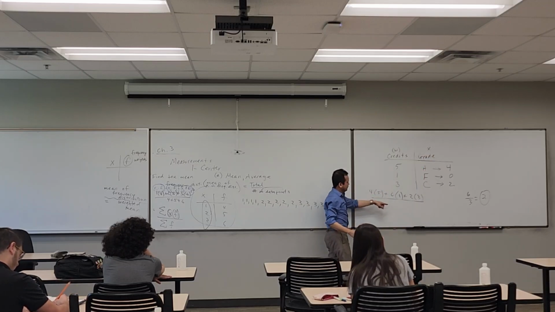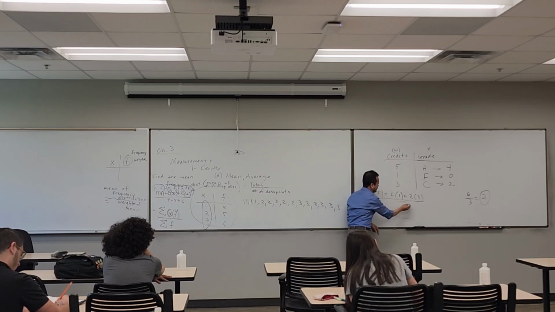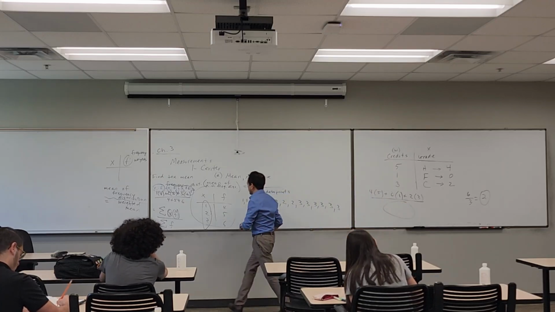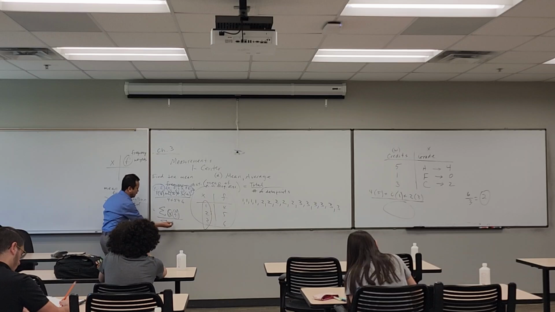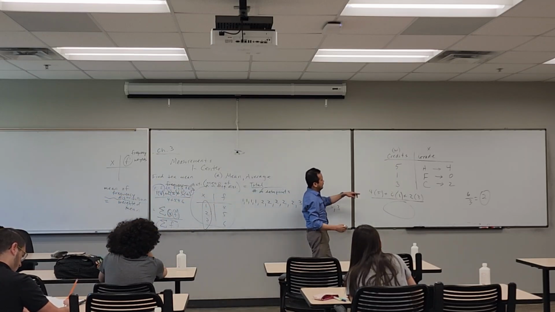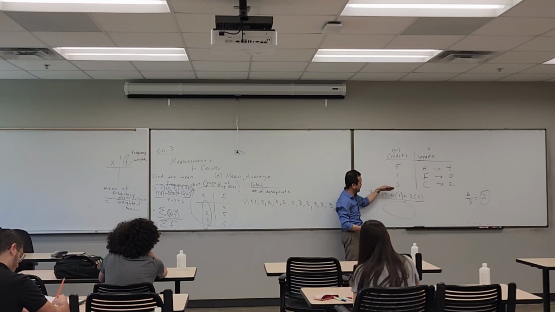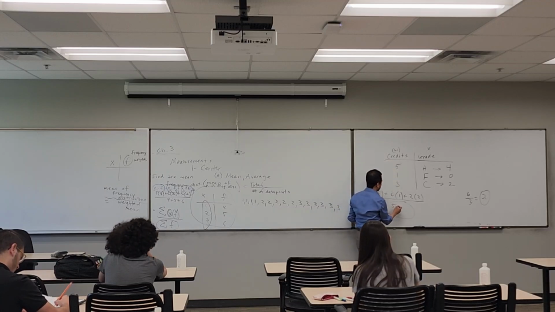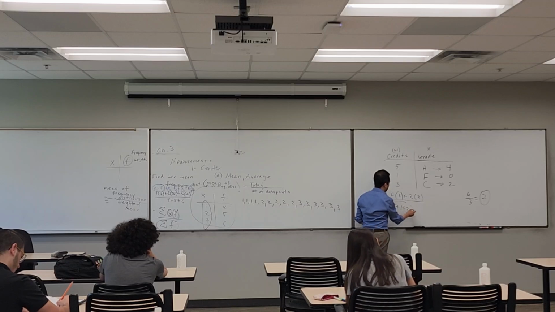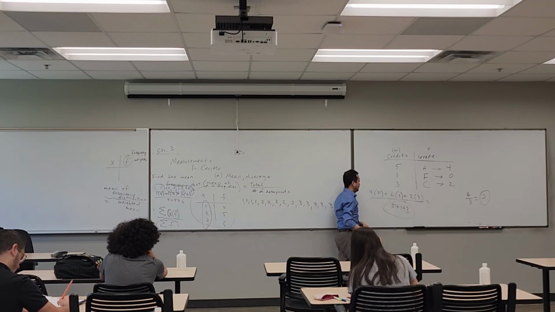When we're dividing by the total number of instances in the formula, we're dividing by the sum of all the F's. So here we divide by the sum of all the credits, which is 5 plus 1 plus 3, which is 9.